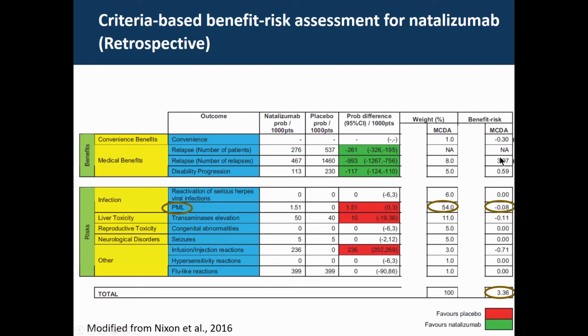And you see the benefits up here have clearly higher positive contribution compared to this negative contribution. And overall, the benefit risk is considered to be very positive for natalizumab compared to placebo, which is indicated by this positive number down here.